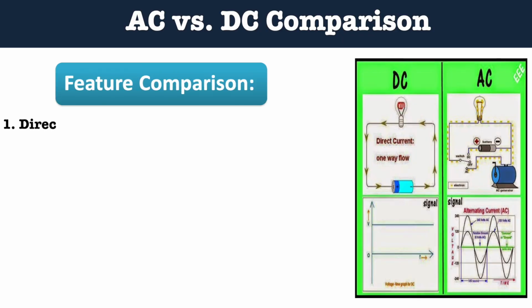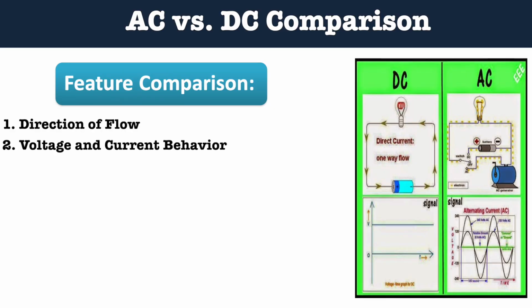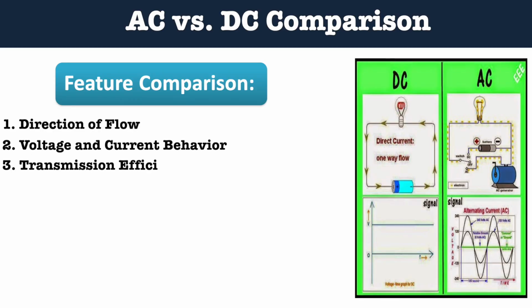If we talk about the direction of flow, DC current flows in one direction, while AC periodically reverses direction. Regarding voltage and current behavior, DC is steady and constant, but AC varies sinusoidally over time. Regarding transmission efficiency, DC is less efficient for long distances, while AC is more efficient for long distances.